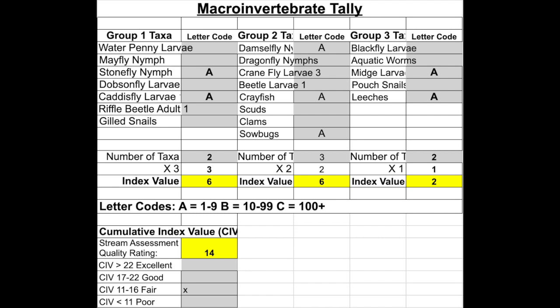As seen in FLOW's sample taken in 2021, they found 2 Group 1 taxa, 3 Group 2 taxa, and 2 Group 3 taxa, adding up to a stream assessment quality rating of 14, telling us that the river had fair quality cumulative index value.